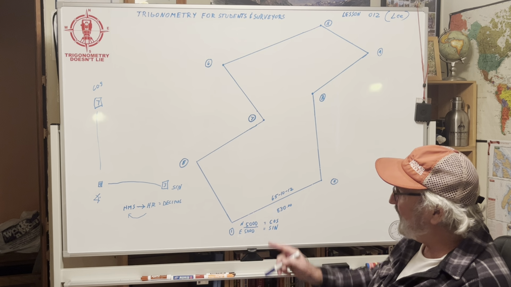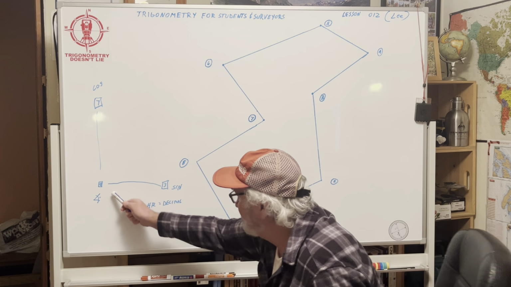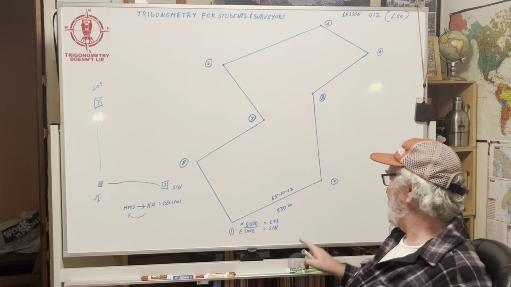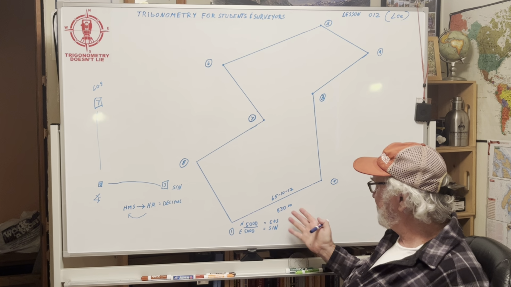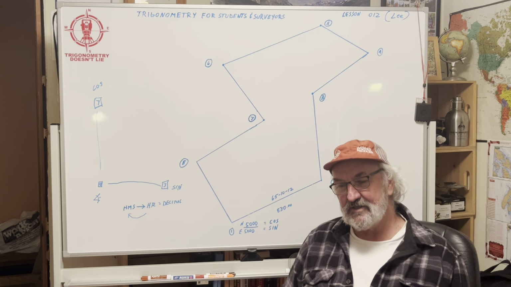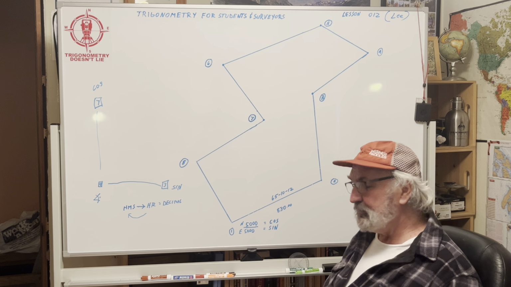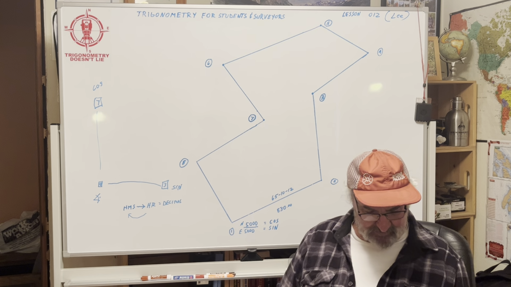So now I've got that in there. And now we have 830. Now that's an even number, so we don't need to really store that. It's an easy number. If it had a decimal point, we'd probably want to store that, but we won't worry about storing that right now.